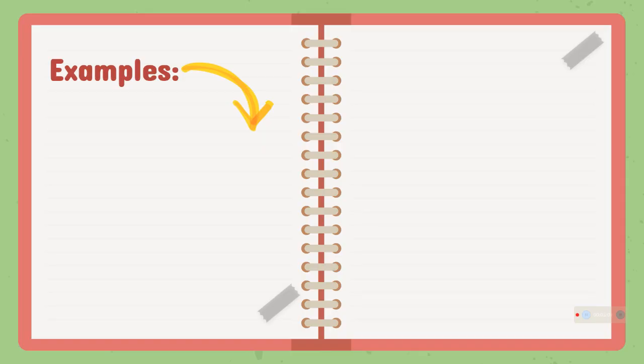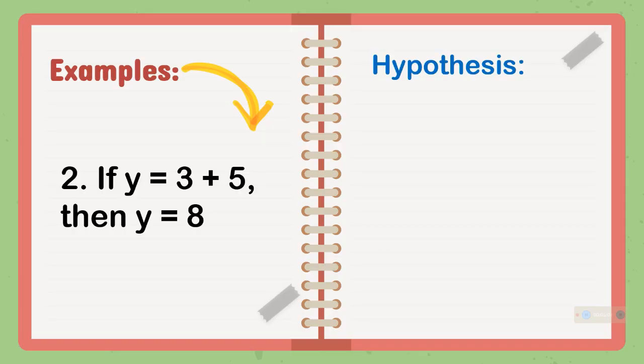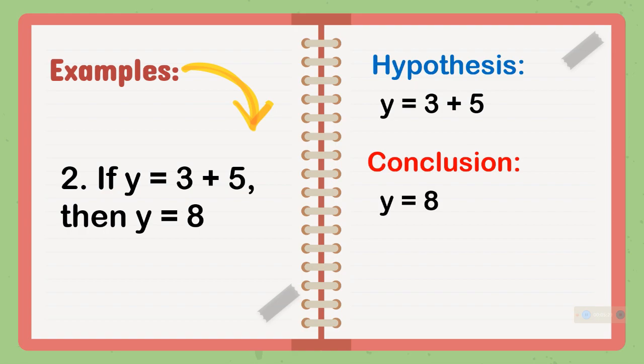For number 2, let us have: if y equals 3 plus 5, then y equals 8. For our hypothesis, we have y equals 3 plus 5. And for our conclusion, we have y equals 8.